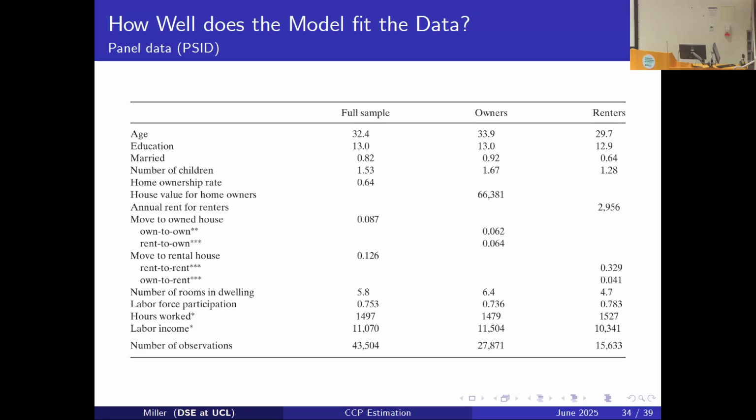Okay, so this gives you some idea of what the PSID looks like. That's the panel that we looked at. I'm not going to go through the estimates, but they are standard, quite reasonable. There's nothing counterintuitive about them.